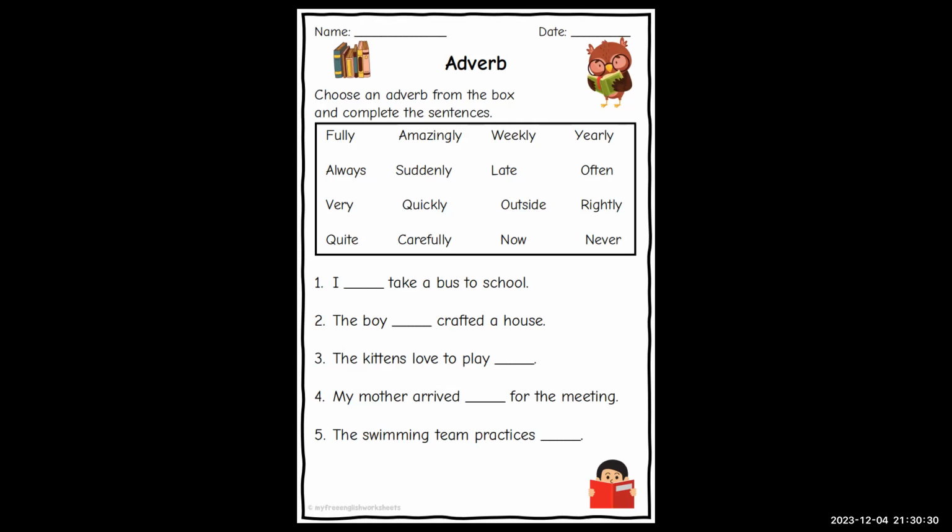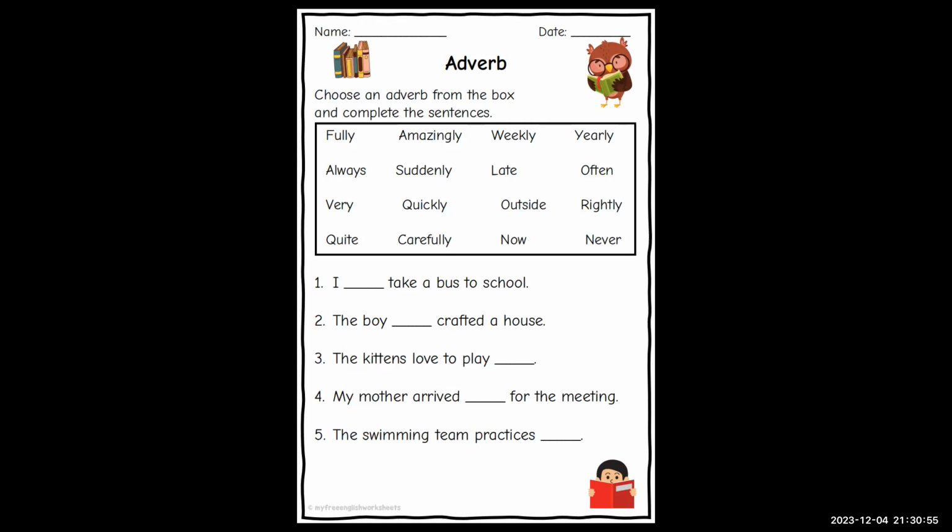Can you read and then fill in your answer? The possible answers, because there's not just one. The boy carefully crafted a house. Crafted. Don't forget it came from the word craft. It ends with a t sound, so you have to pronounce it ed or id, right? That's how we studied the pronunciation before.